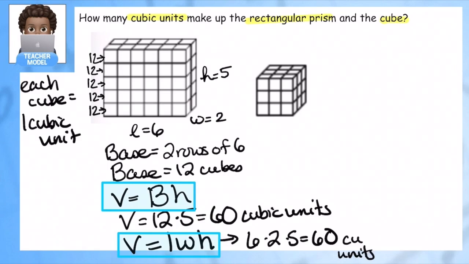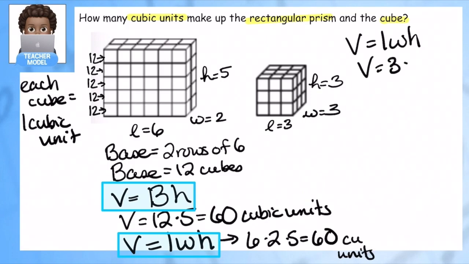Now let's look at our little cube. And our cube is going to have the same dimensions all the way around. And so that means my volume, if I was doing length times width times height, I'm going to have the same number repeatedly multiplied, 3 times 3 times 3. So I can express that as 3 to the 3rd power. So I could use length times width times height, or I can use the equation volume is equal to side cubed.